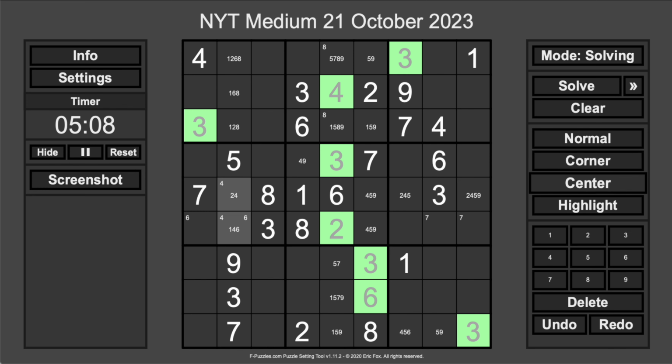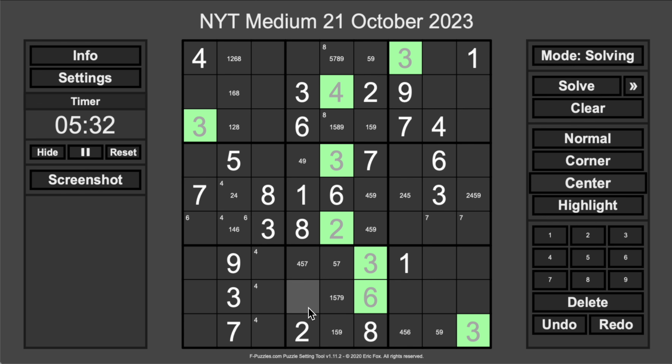Okay, so I put 4 in one of these two, which means 4 is in one of these 3. I've got 1, 2, 3, 6, 8 in column 4. I need 4, 5, 7, 9. Now this can't be 9, but still could be 4.